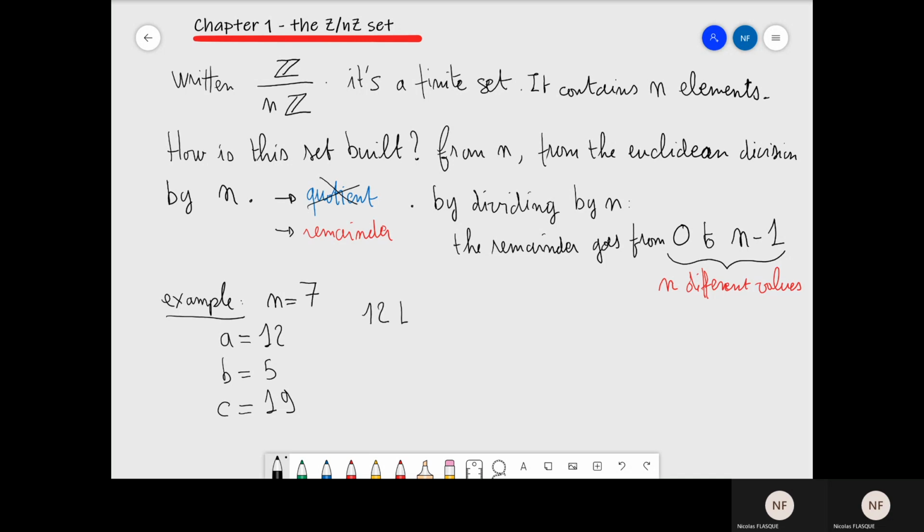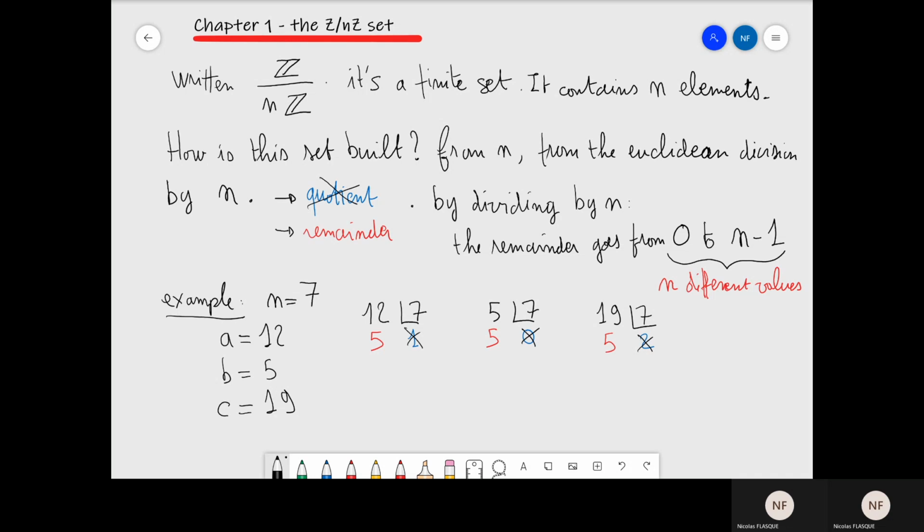So 12 divided by 7, the quotient is 1, the remainder is 5, and as I've stated before, let's forget about the quotient. For B, same thing, 5 divided by 7, the quotient is 0, the remainder is 5. This we don't care about. At last, 19 divided by 7, the quotient is 2, the remainder is 5.